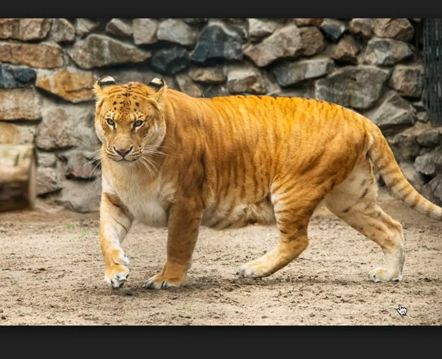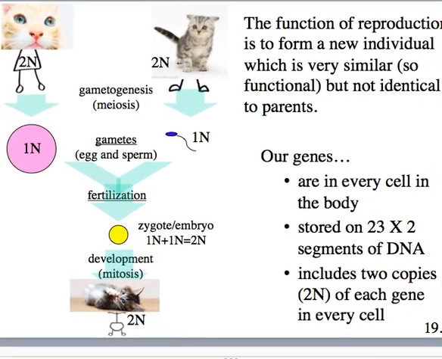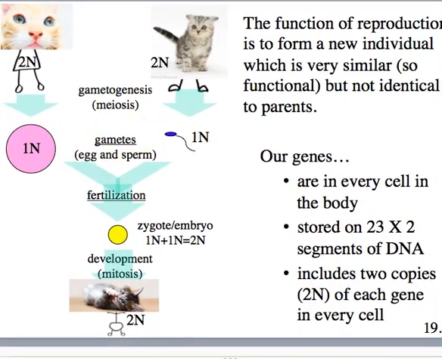And they cannot reproduce because when the male lion and the female tiger come together, the male lion gives 23 chromosomes and the female tiger gives 22, and you end up with 45 chromosomes. That can't split nicely into two, either an egg or a sperm, with a number of chromosomes that can then reproduce again.